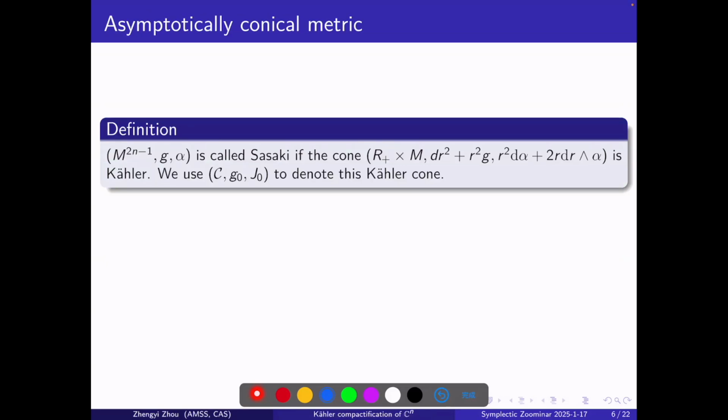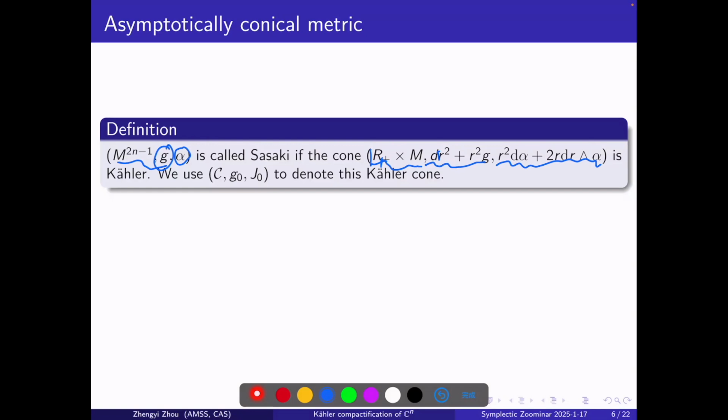Let's first recall the definition of a Sasaki manifold. A Sasaki manifold is an odd-dimensional manifold N with a metric and a one form alpha. It's called Sasaki if the cone, which is the symplectization of N with a cone metric, where r is the coordinate on R plus, and with a conical symplectic form built from alpha, which will be a contact form, is a Kähler manifold.